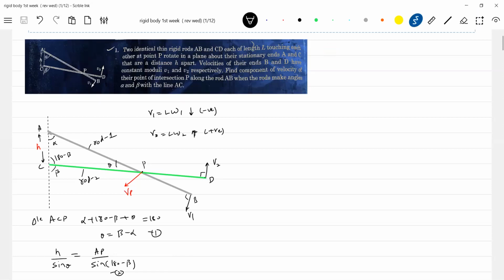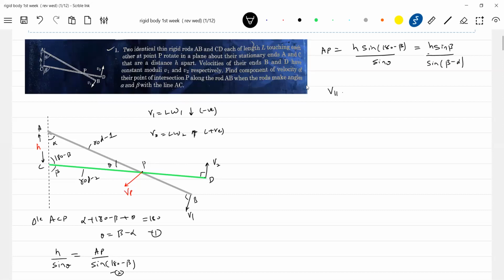Therefore, now the distance AP is equal to H sine beta by sine theta, and theta will be beta minus alpha. I think it's all about differentiating now.